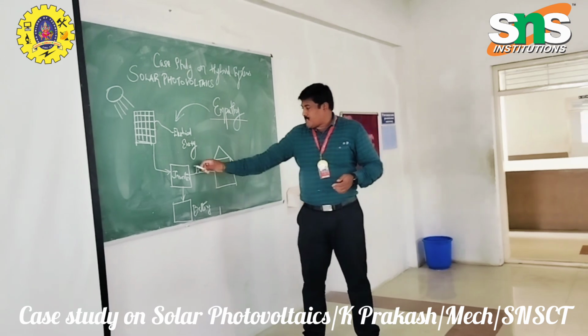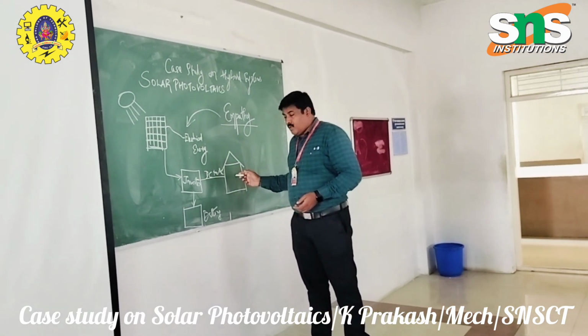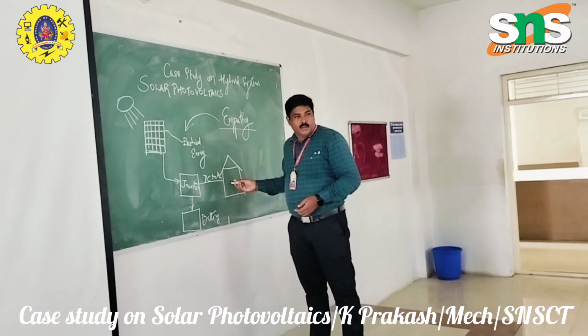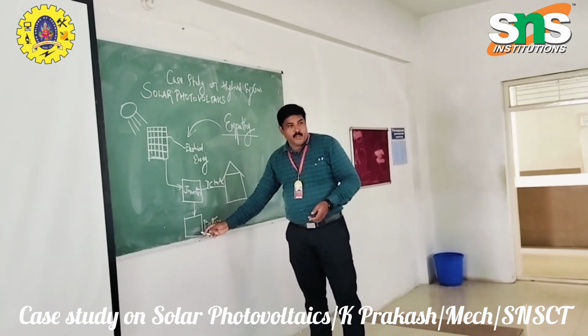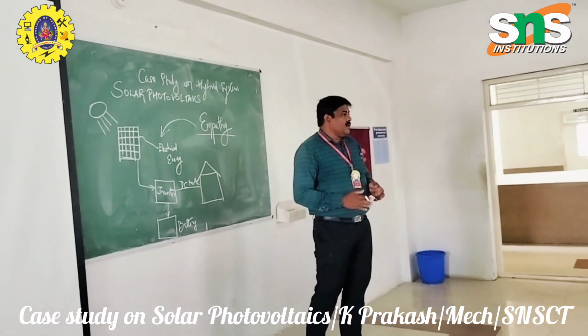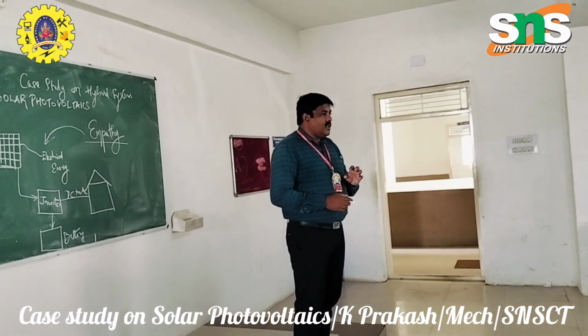So it supplies AC to the domestic purpose, or else it can supply to the battery, which acts as a secondary device. So the energy can be stored in the battery.